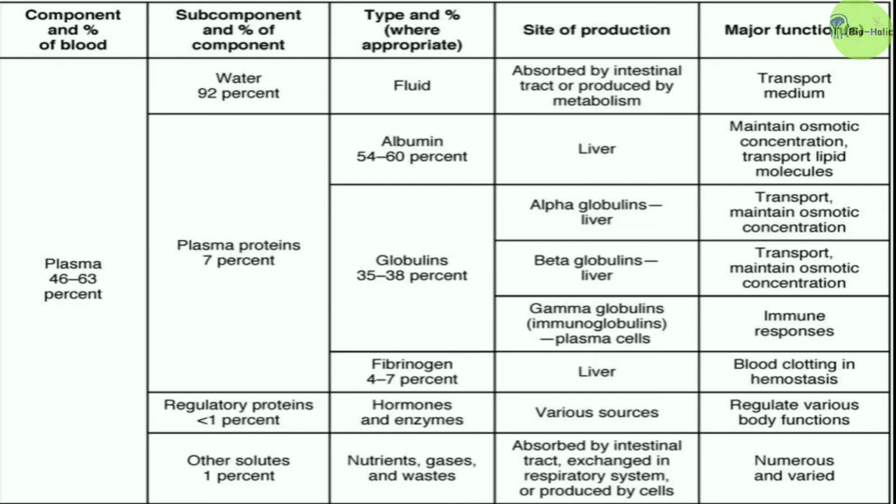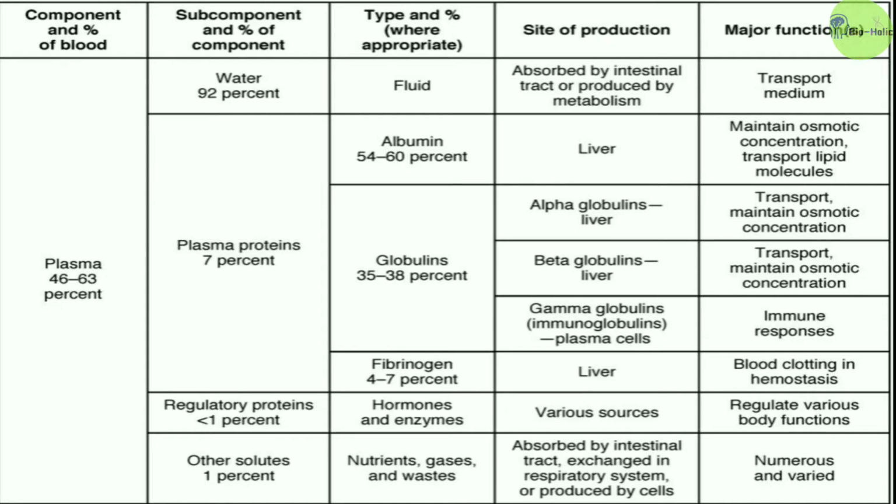The plasma constitutes 46 to 60% of the blood volume. Here many parts are present: the water, the plasma proteins, some regulatory proteins and other solutes. The water mainly helps in transportation.